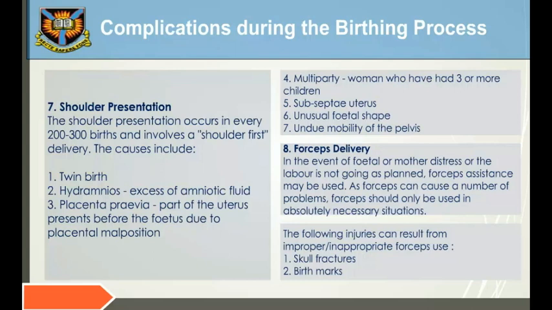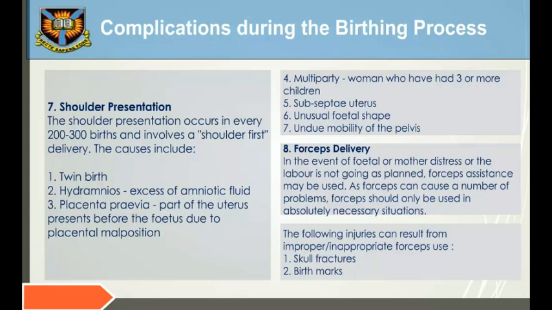Part of the uterus presents before the fetus due to placenta malposition. 4. Multiparity. Women who have had 3 or more children. 5. Subseptate uterus. 6. Unusual fetal shape. 7. Undue mobility of the pelvis.